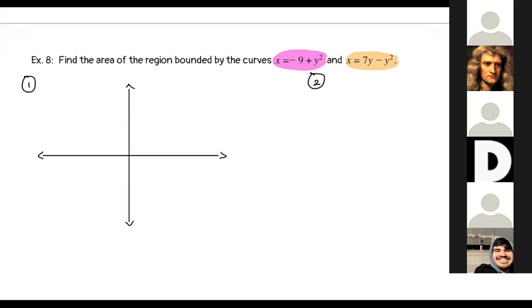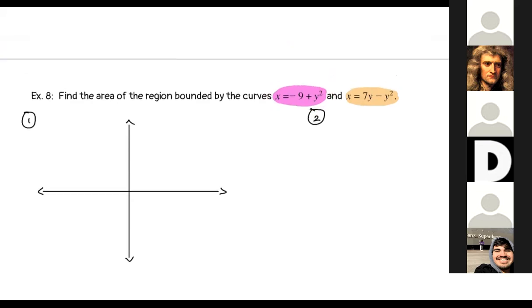So let's start with this one, the pink one. See how we could really write that as y squared minus 9? Right, I could say x equals y squared minus 9. And if I thought about what I know about parabolas, and I think Thea said earlier when we had x squared minus 24, that it was a parabola shifted down by 24.